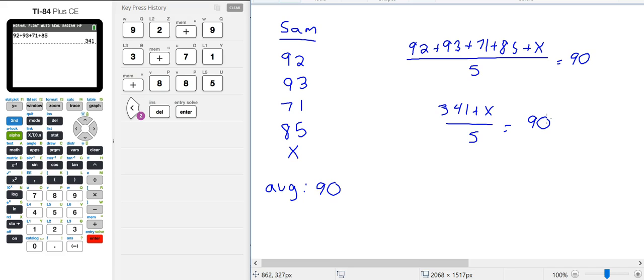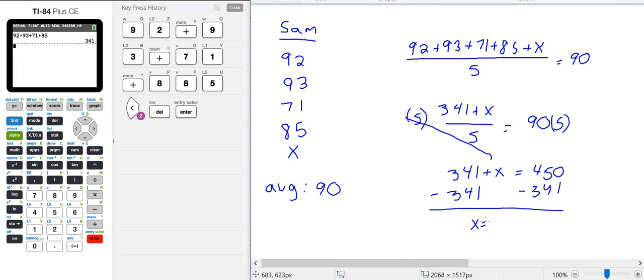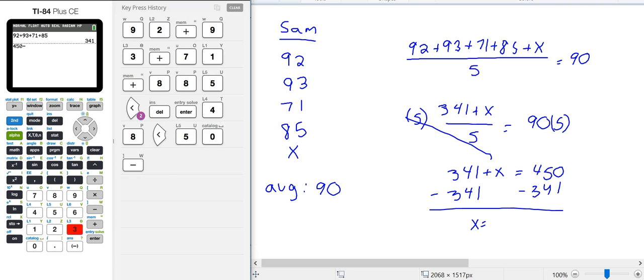Now we're going to solve for X. Multiply both sides by 5 to clear out the denominator. 341 plus X is equal to 90 times 5, which is 450. Minus 341, minus 341. X is equal to 450 minus 341, which is 109.